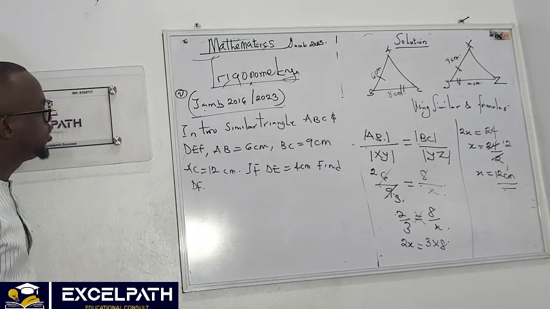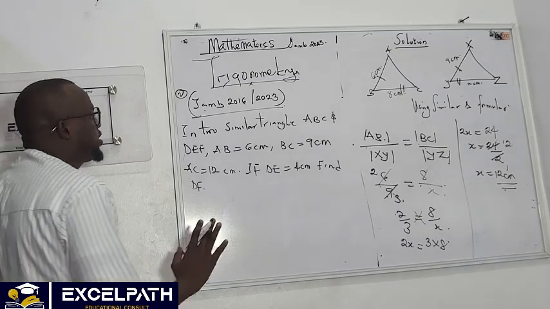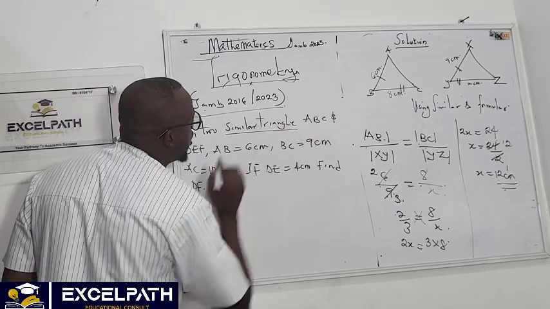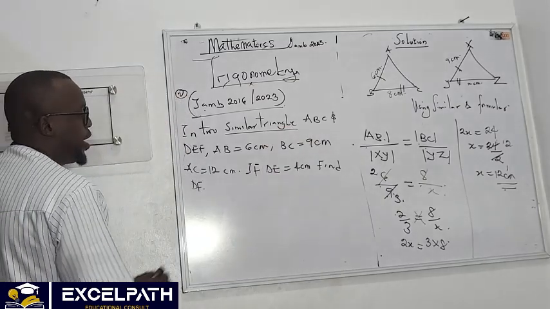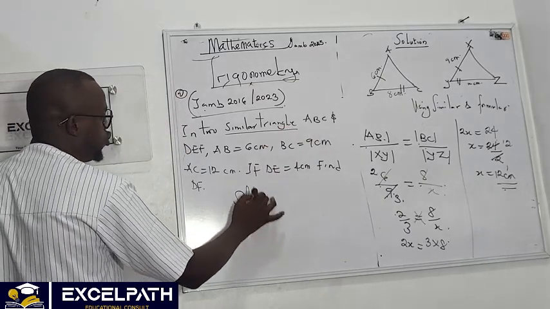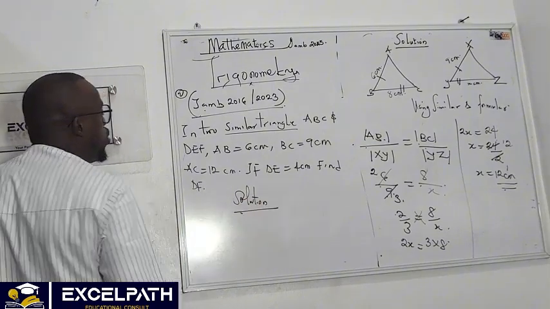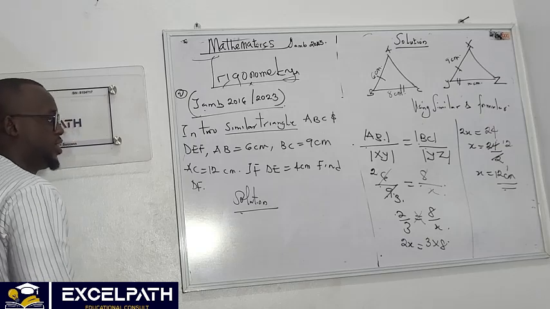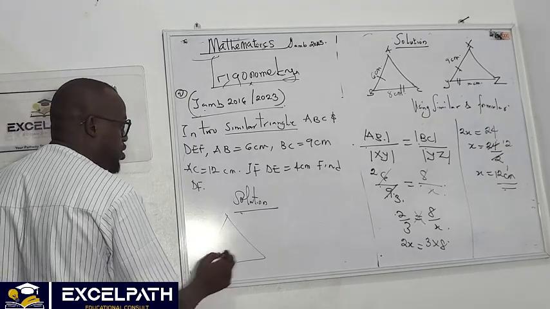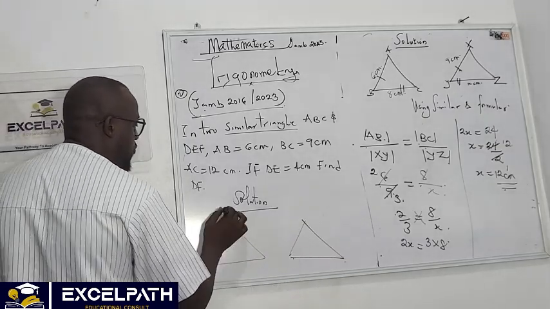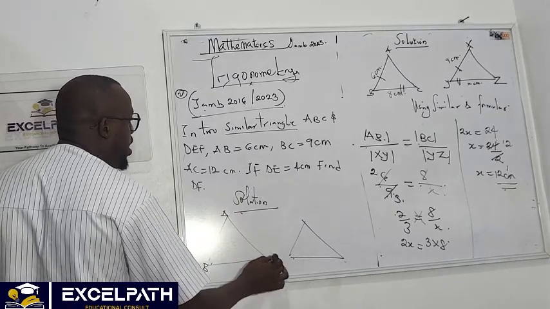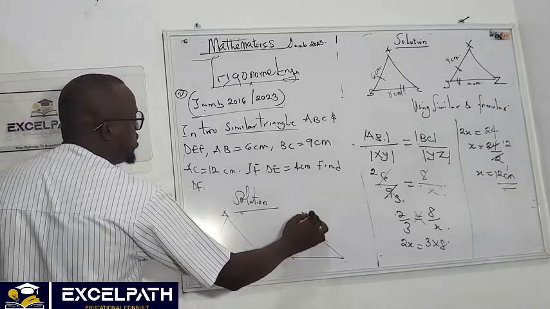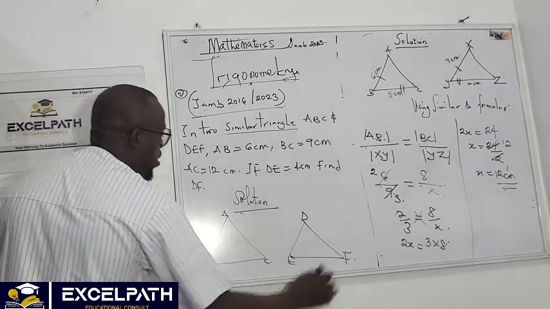Look at this question. The first thing to ascertain is that they've told you it's a similar triangle. So what do you do here? You have to be time conscious when you are solving JAMB Mathematics. You have 2 similar triangles. The first one is ABC, the second one is DEF.